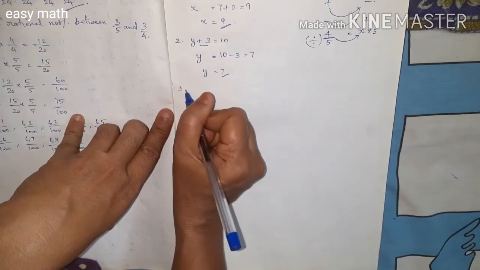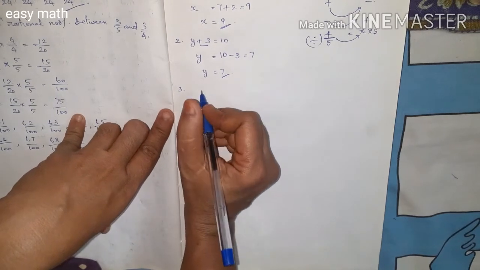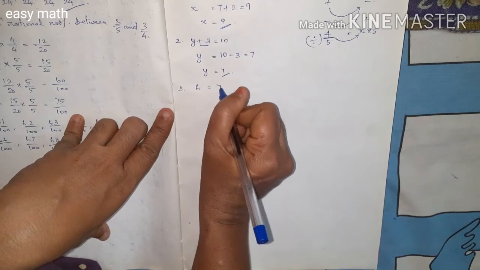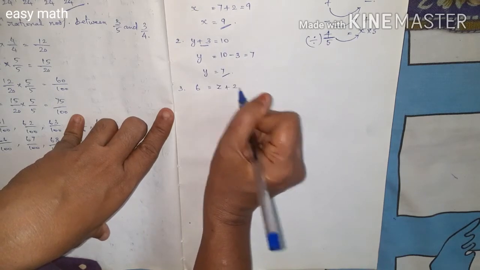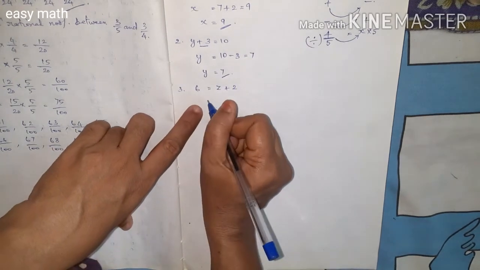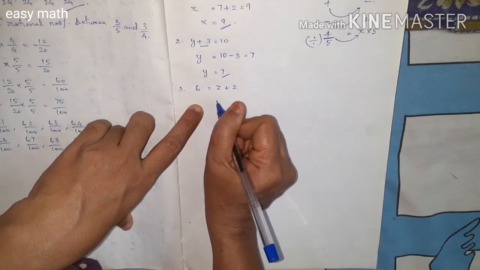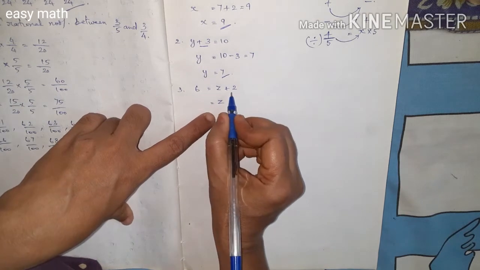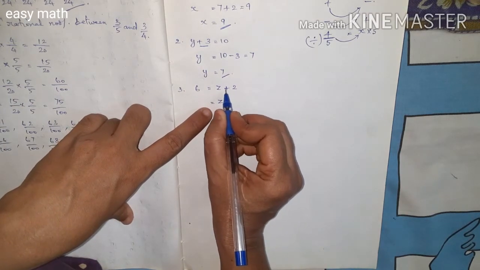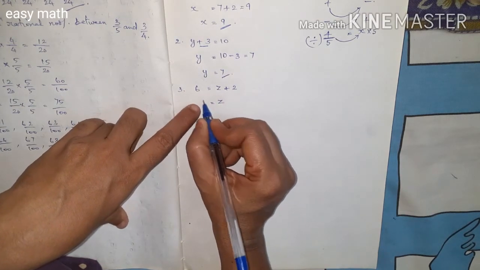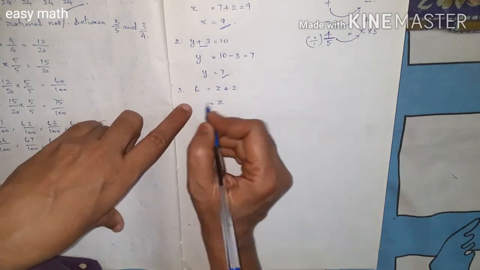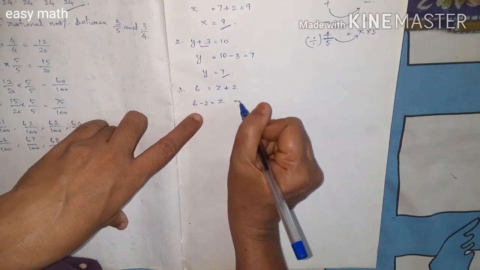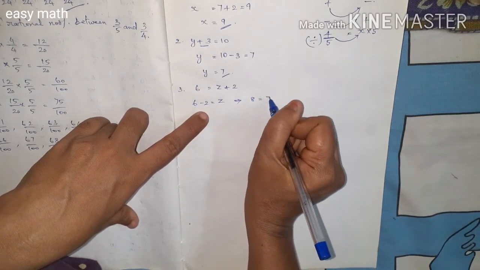Third sum. 6 equal to z plus 2. Here z, write it as here, plus 2. When it goes to the left hand side, minus 2. 6 minus 2, then it becomes 4 equal to z.